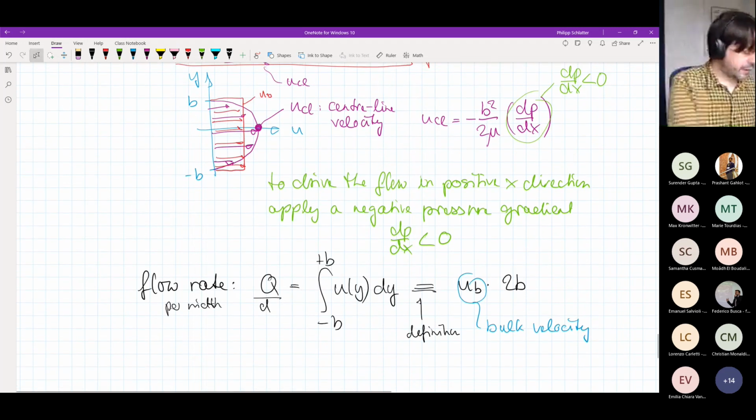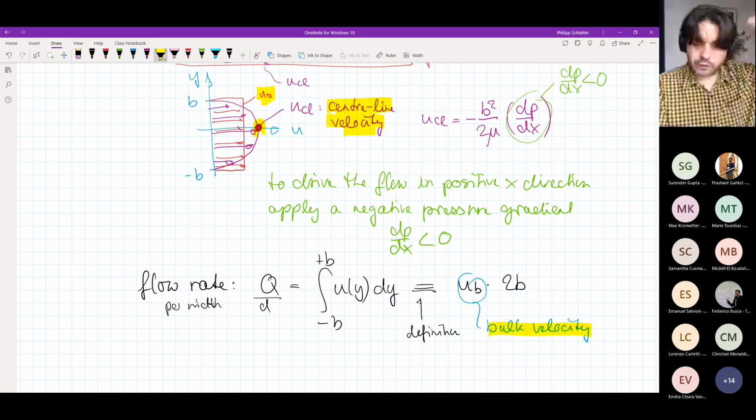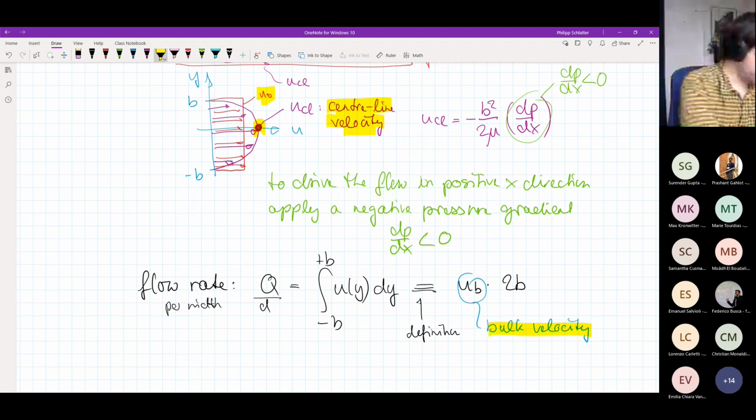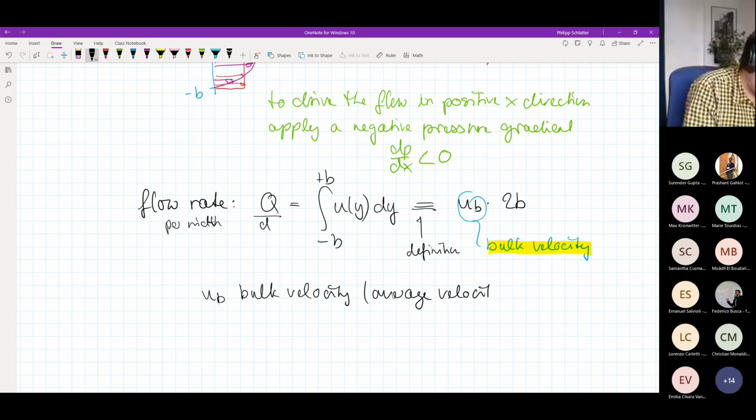So we have now defined 2 different velocities: the centerline velocity, which is the one in the middle, and the bulk velocity, which corresponds to the average velocity in some way. So the UB is the bulk velocity, or the average velocity.